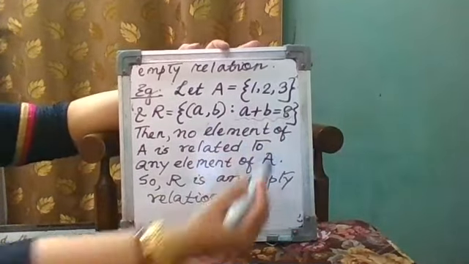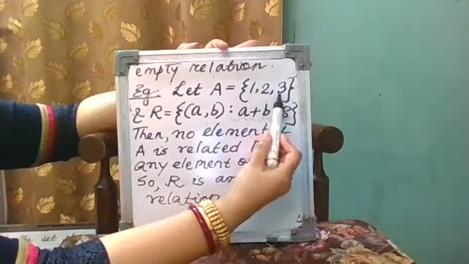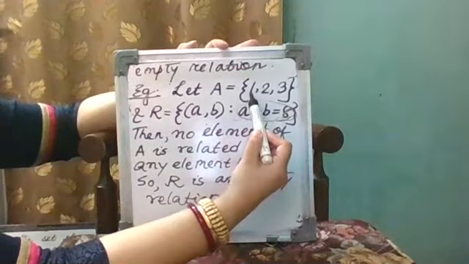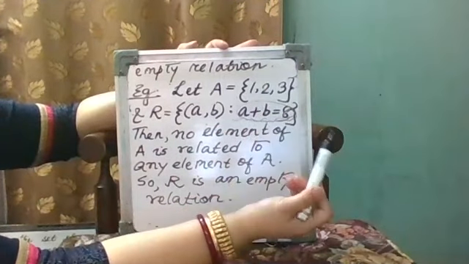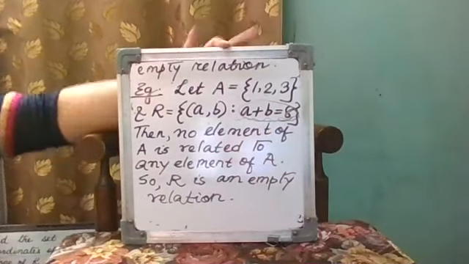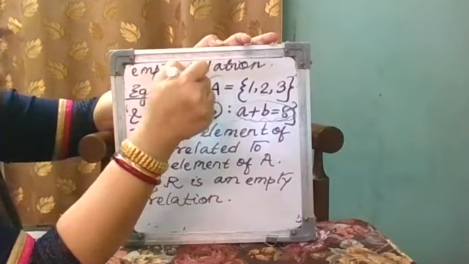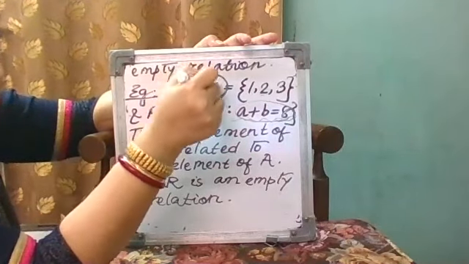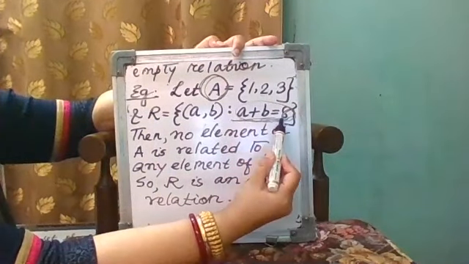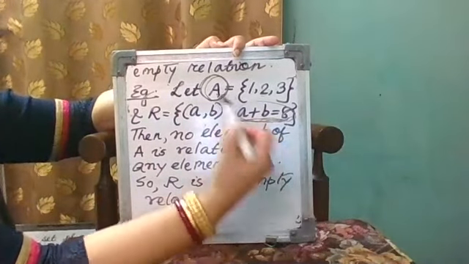Now tell me, from set A, can I take any 2 elements, will the sum give me 8? 1 plus 2 is giving me 3. 2 plus 3 is giving me 5. So, what do I conclude? There are no elements in set A which are going to satisfy this equation. So, no element of set A is related to set A itself.